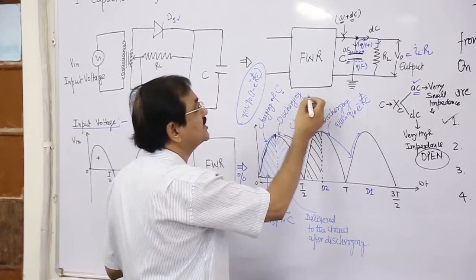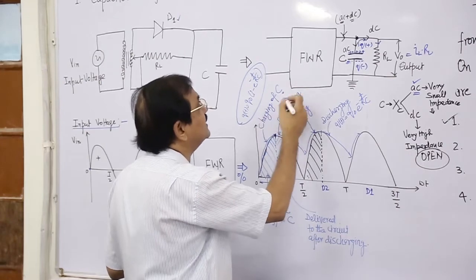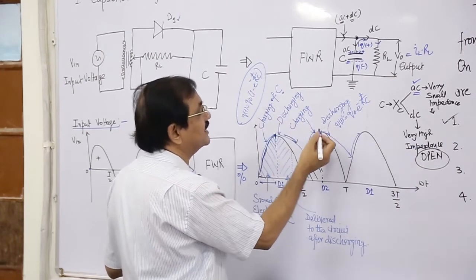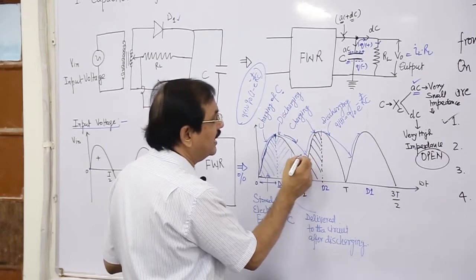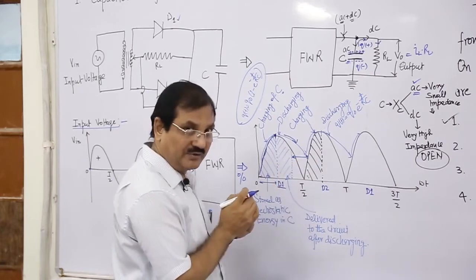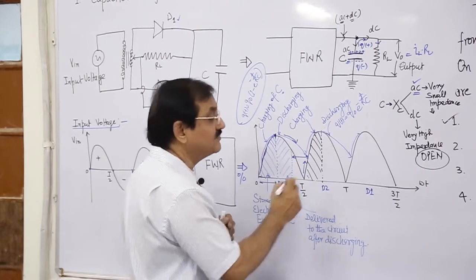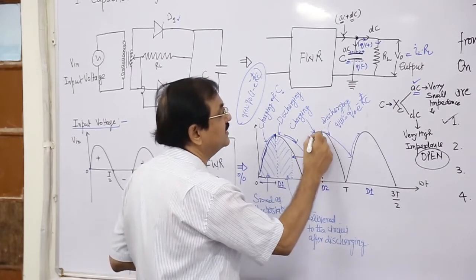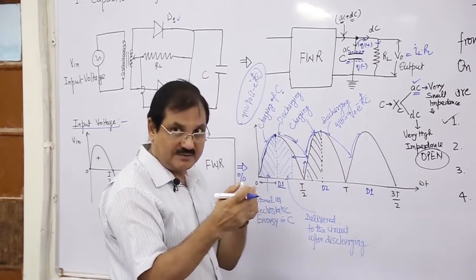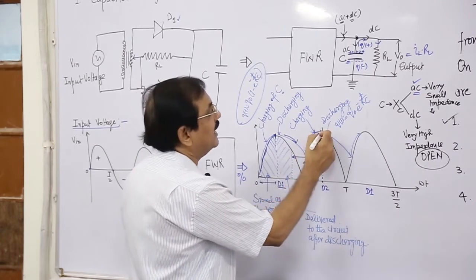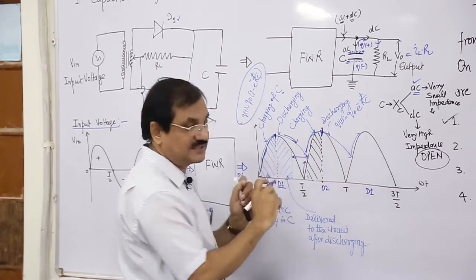This is the discharging. So, charging of C and then discharging again at this particular time interval, when the charging starts, then this is again charging of the capacitor, and after the peak again there is a discharging.